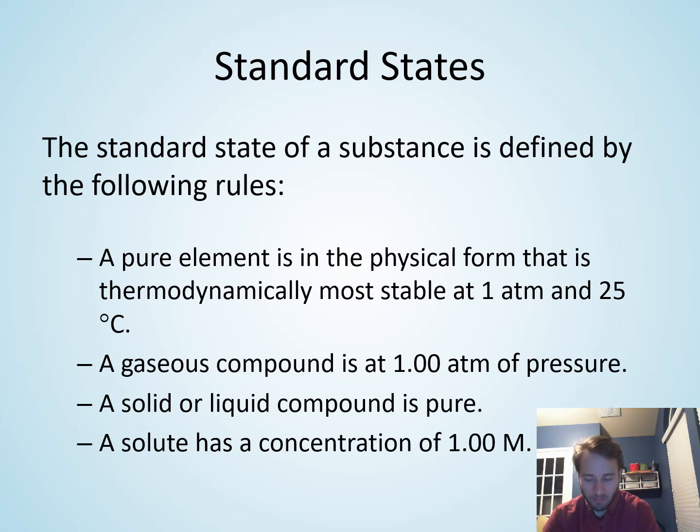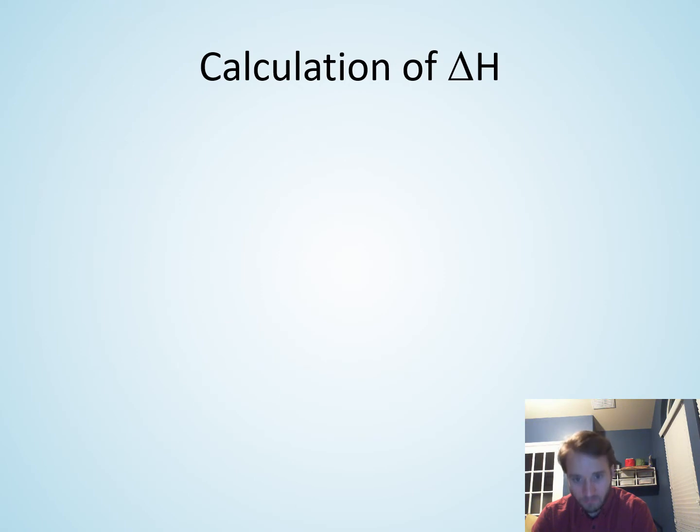And so often in chemical reactions, we concern ourselves with the changes in chemical reactions under standard conditions, because the enthalpy change, entropy change, and Gibbs free energy change of a reaction can depend on temperature, can depend on concentrations, and other things like that.